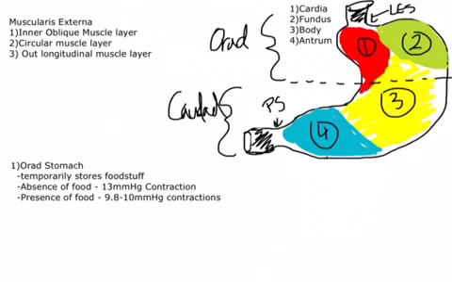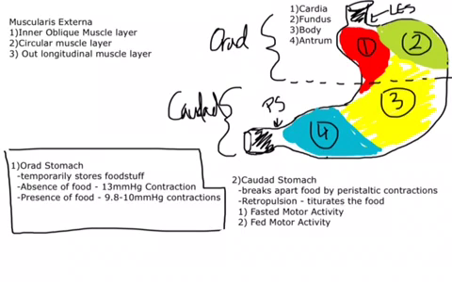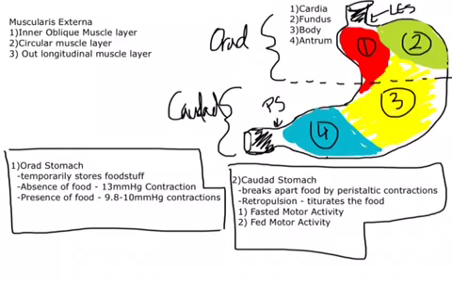Now we're going to go into the caudate stomach, which divides according to motor activity. So these are some brief facts about the caudate stomach. Basically, the caudate stomach breaks apart food by its peristaltic contractions. The peristalsis is to break apart food, for gastric emptying, and also to contract the pyloric sphincter.